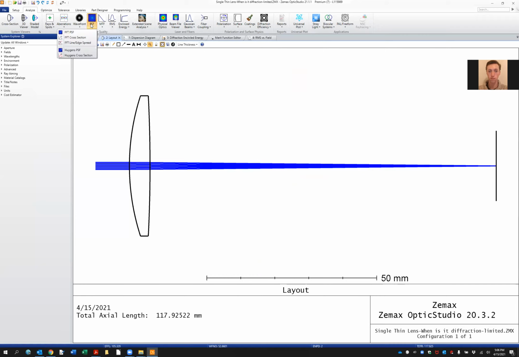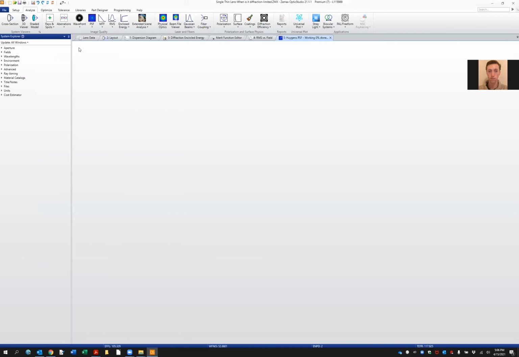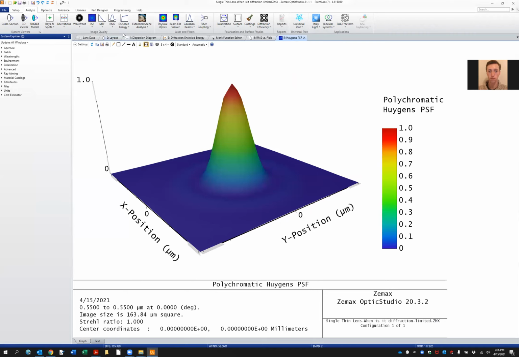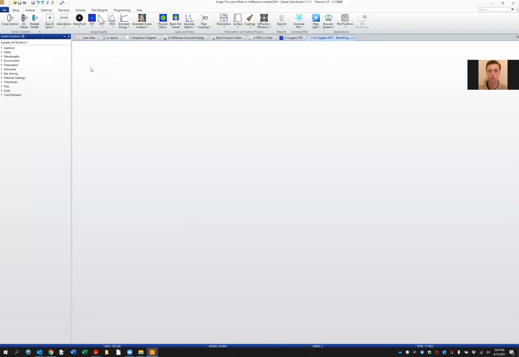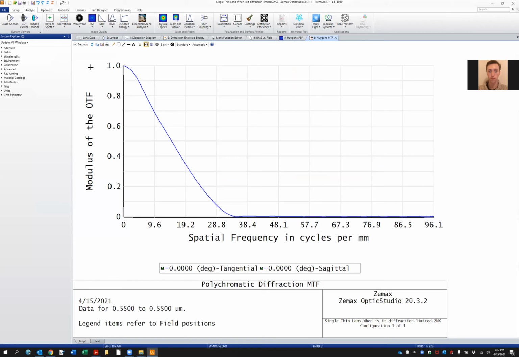Modulation transfer function is the Fourier transform of the point spread function. It's just the function that tells you how much light gets spread out. It also has a very intuitive definition beyond just saying mathematically it's a Fourier transform.